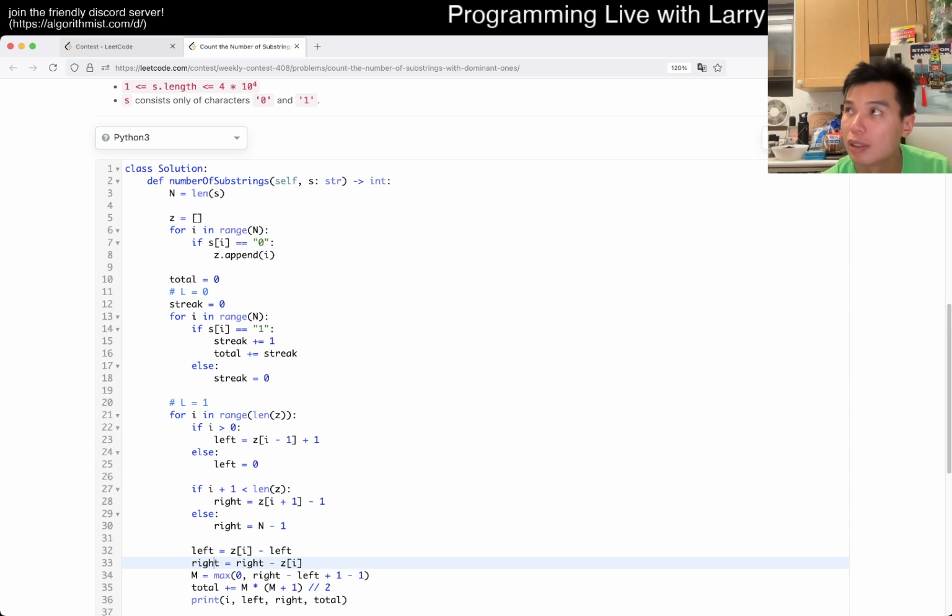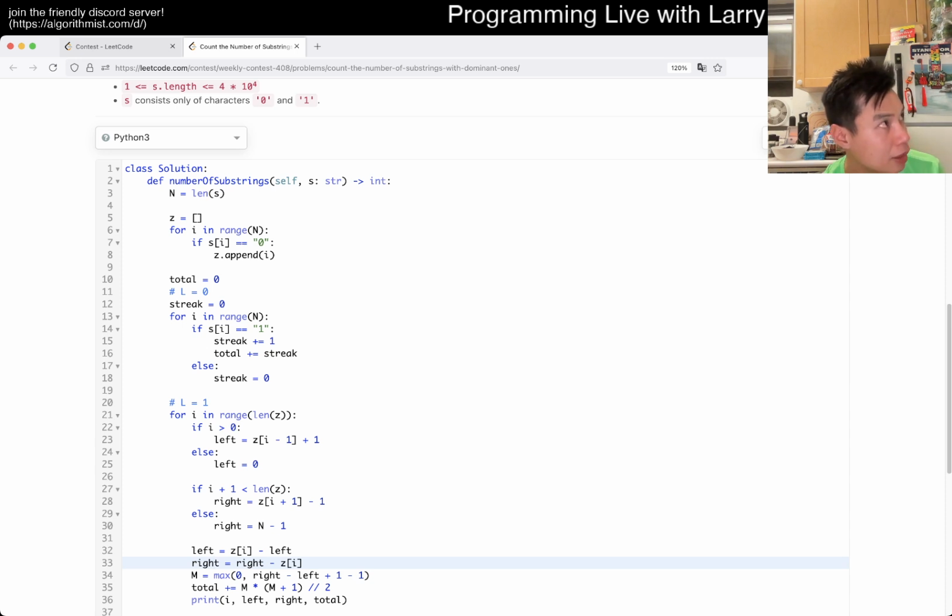Okay, so it has to be, maybe I just need to work it out. Maybe I'm being dumb. Let's say we wanted to, length has to be at least 2, right?